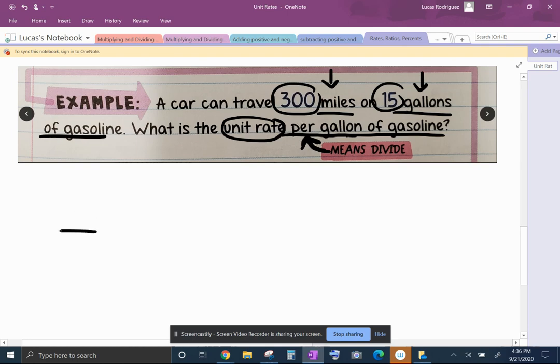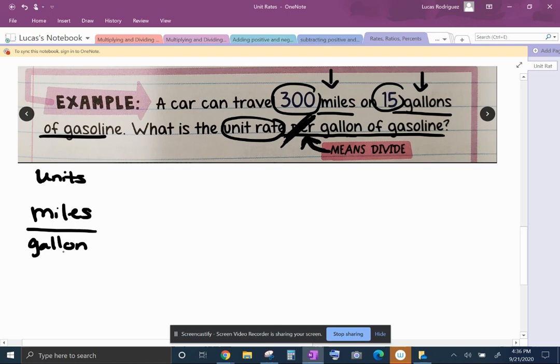That is going to mean how we're going to set it up. In this case, we're going to do our labels, or our units. And our units are going to be miles. And because it said per gallon, when I think of per, I think divide, or this sign here. I'm not crossing it out, I'm putting a division sign here. And so when it says per gallon, that means that they're talking about gallons as the bottom number.